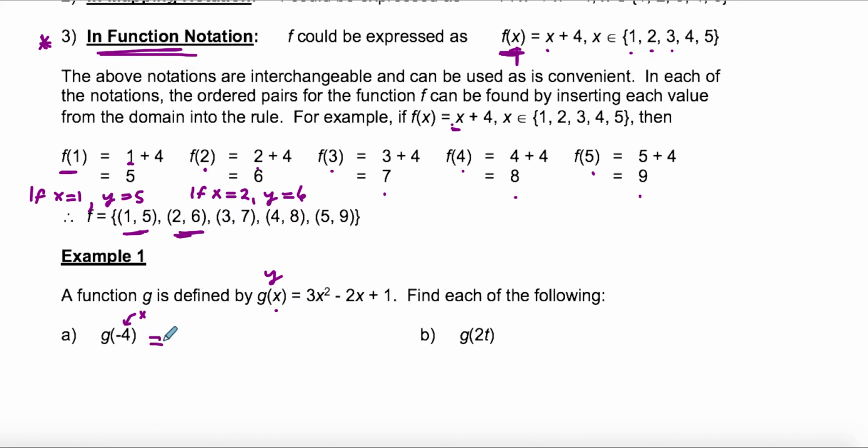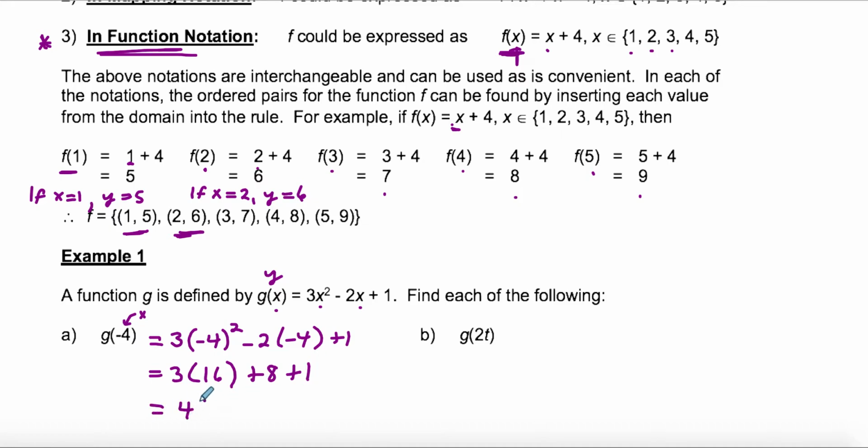So g of negative 4 would be 3 times negative 4 squared minus 2 times negative 4 plus 1. Anywhere I see an x, I'm going to replace it with a negative 4. So 3 times 16 plus 8 plus 1, 48 plus 8 plus 1, which gives me 57.